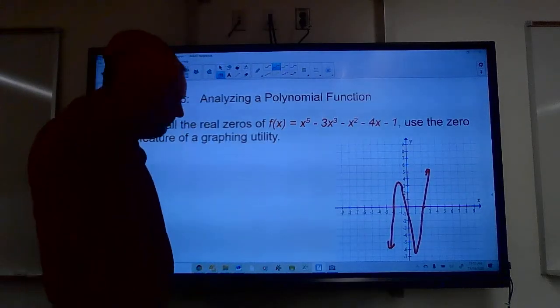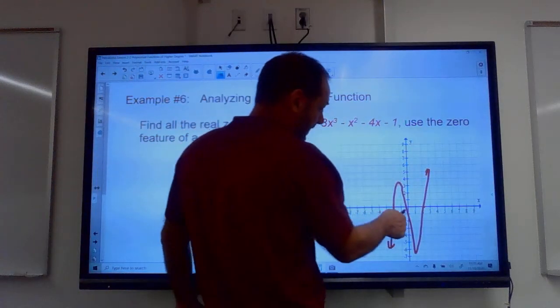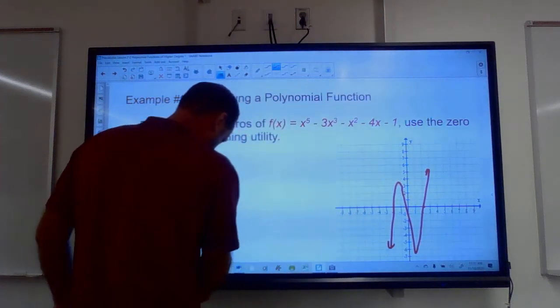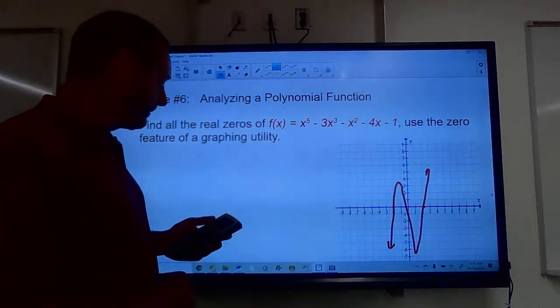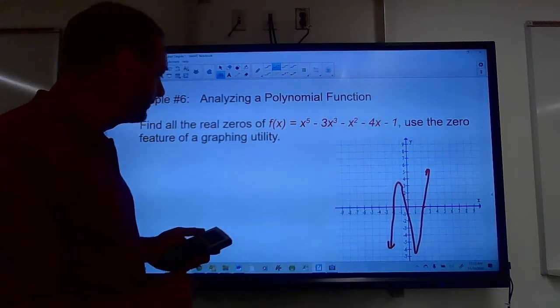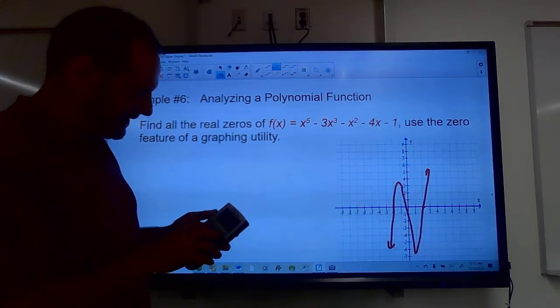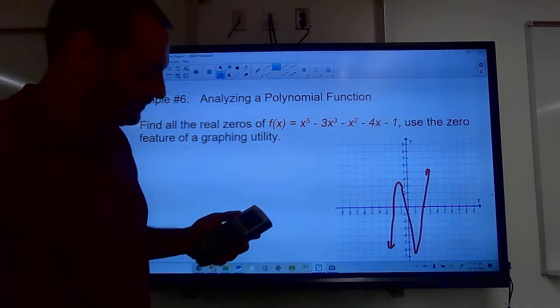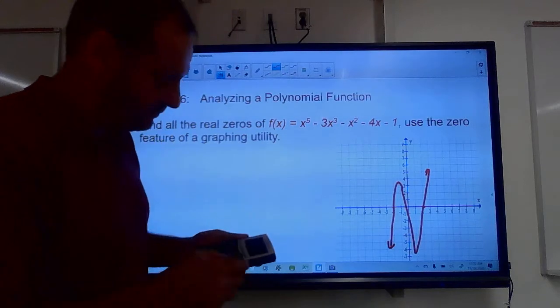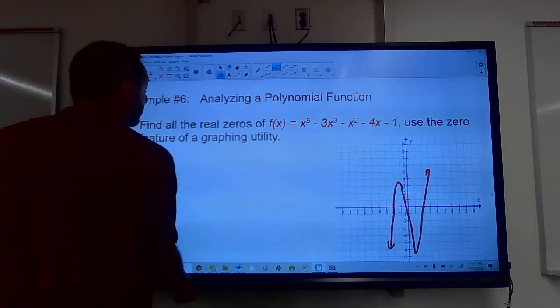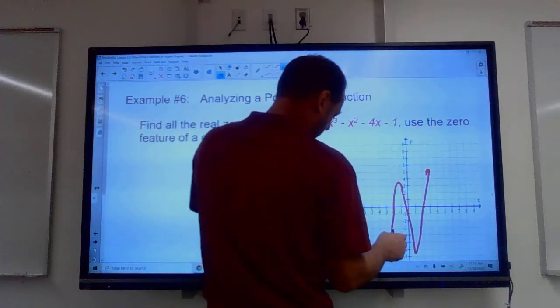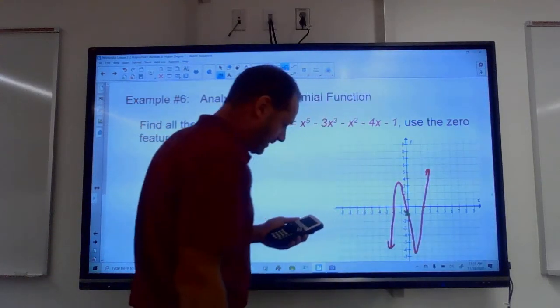Now, unfortunately, these things don't look like they land exactly on nice numbers. So how do I find that? Okay. So you can push second calculate again. And number 2 says zero. So you push 2. And what it did was put this little x right about here for me.